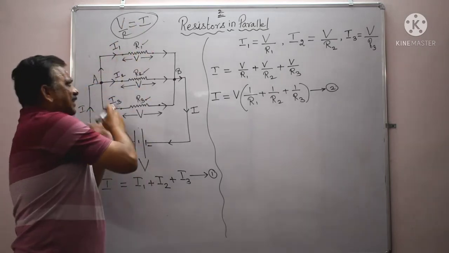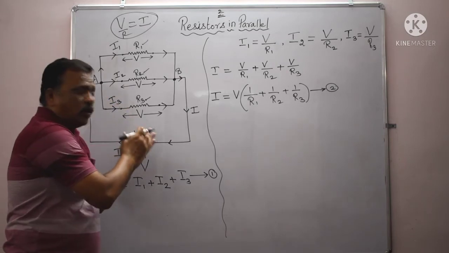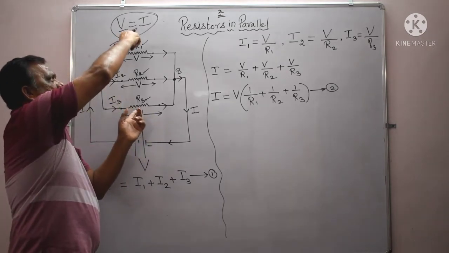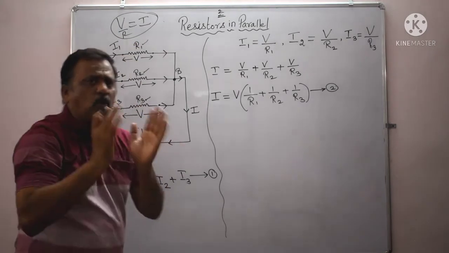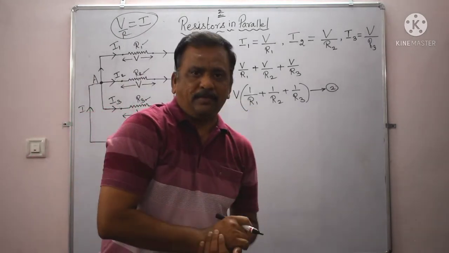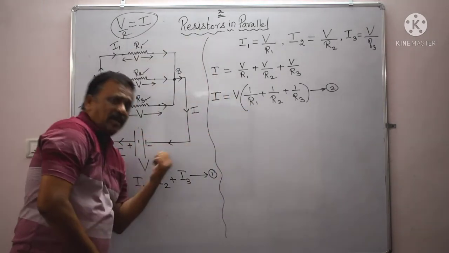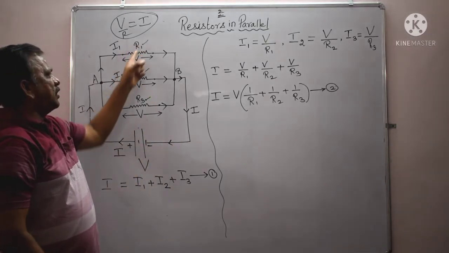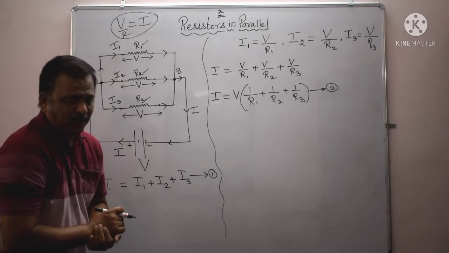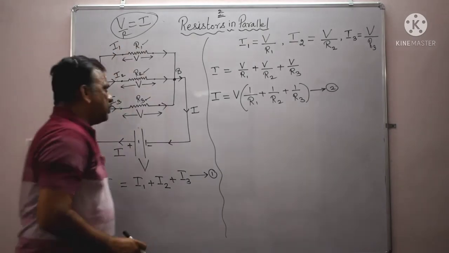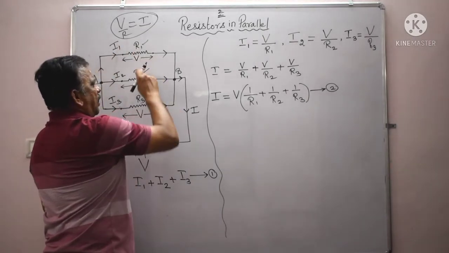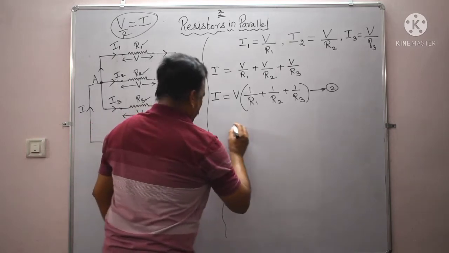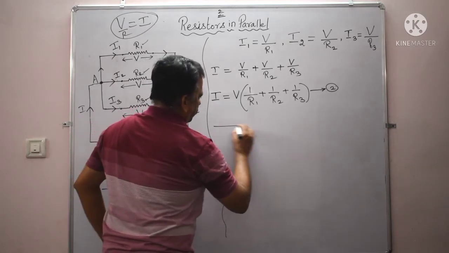Or I can say I is the total current flowing through the effective resistance, which is the total resistance of R1, R2 and R3. So in this circuit, I am going to replace R1, R2 and R3 by their effective resistance. Okay, let me put it here.